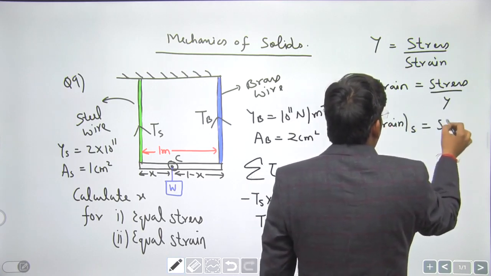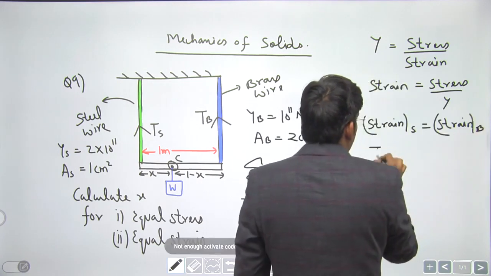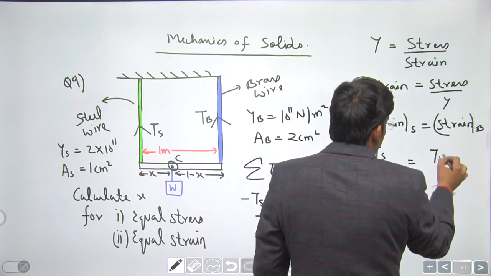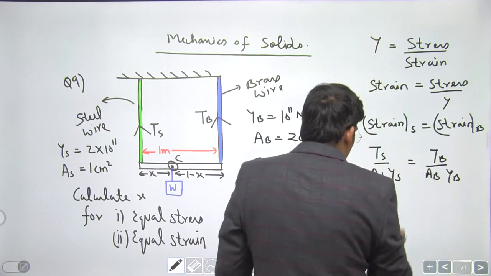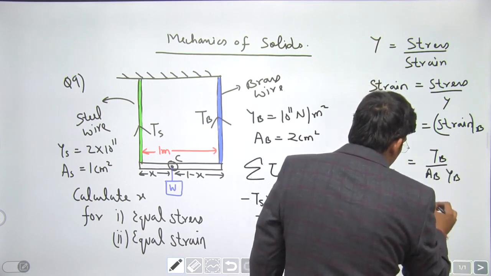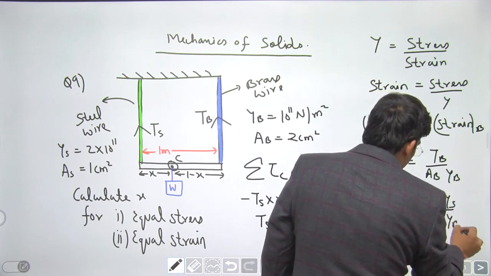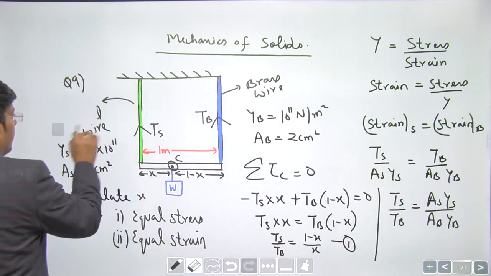So tension by area, Young's modulus of steel, equals tension in brass, area of brass, Young's modulus of brass. Okay, so tension in steel, tension in brass, area of steel, Young's modulus of steel, area of brass, Young's modulus of brass, right? We have the ratio, we have the values, we can easily calculate them, right dear students?